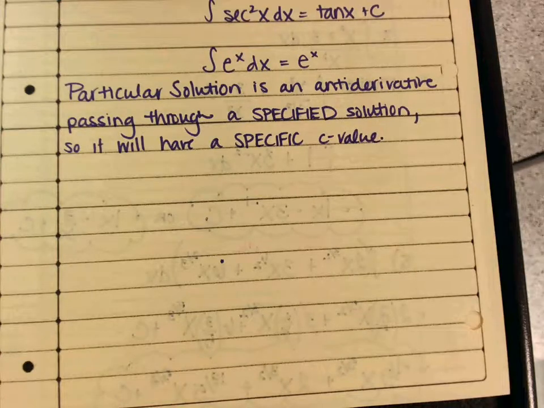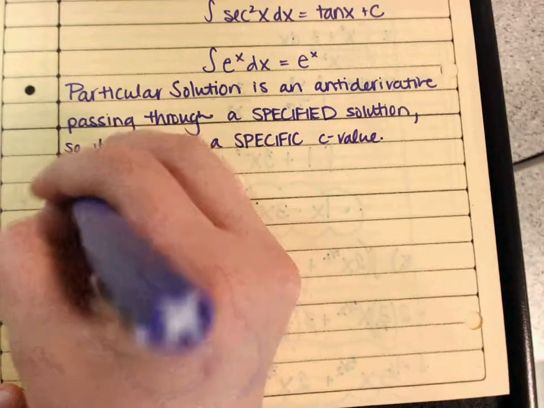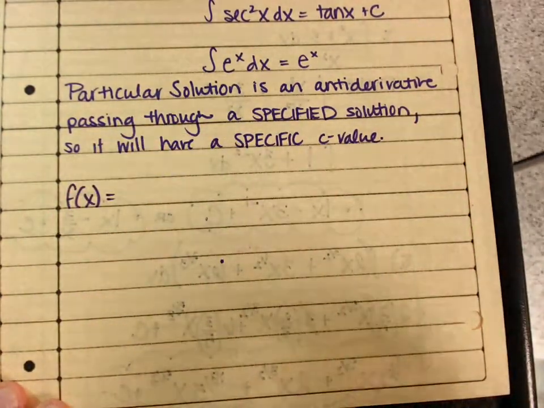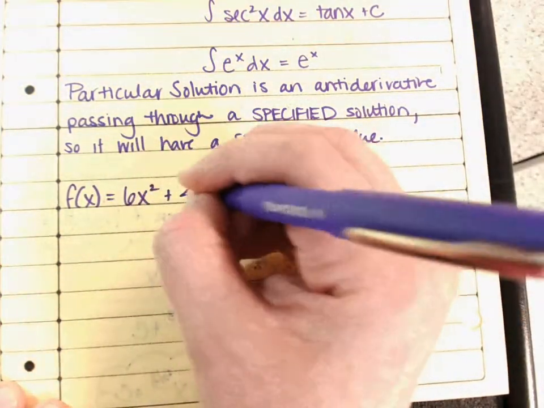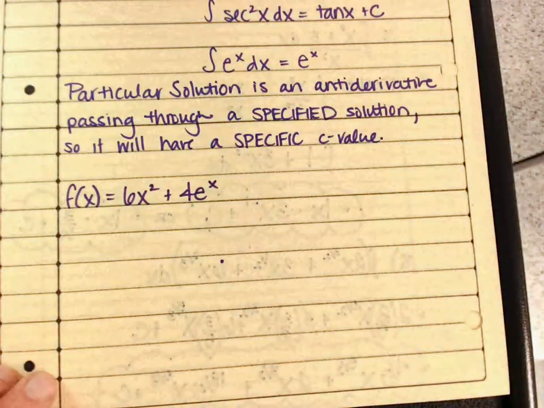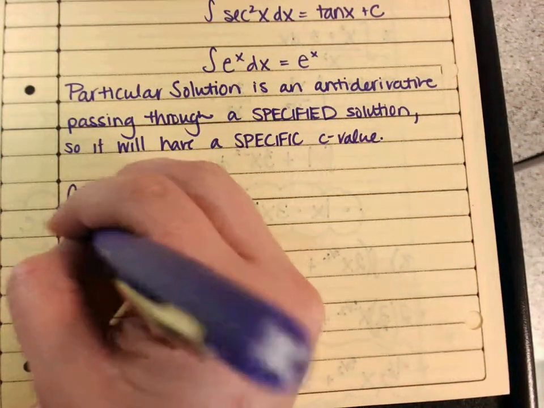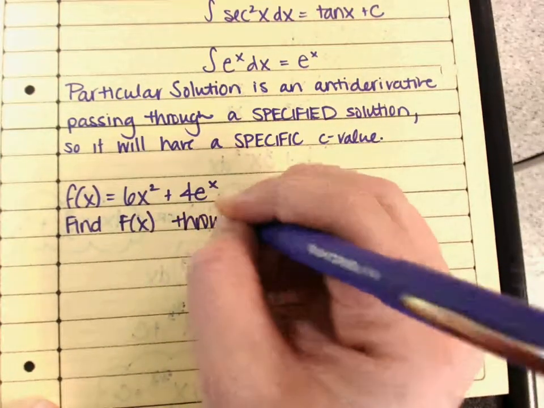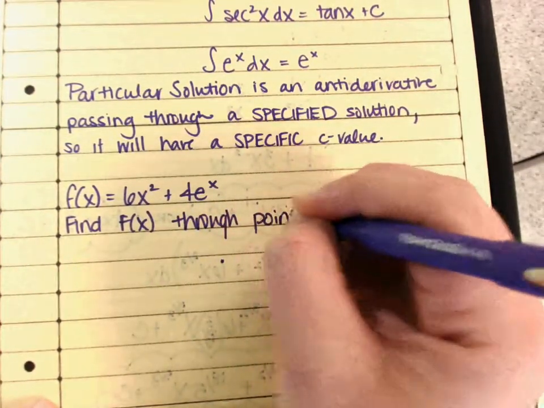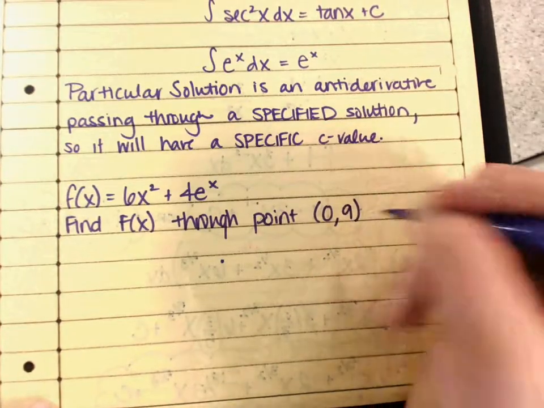So let's say that your equation f of x equals 6x squared plus 4e to the x. And you want to find capital F of x through the point (0, 9).